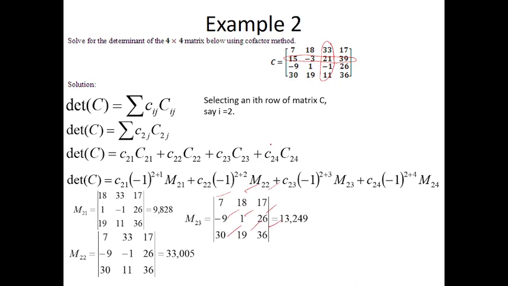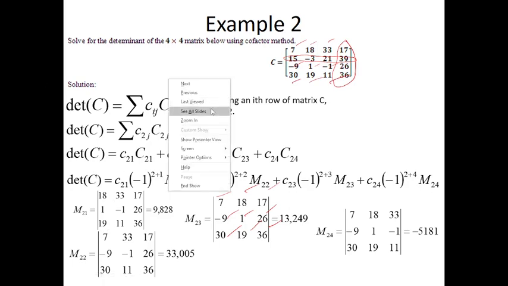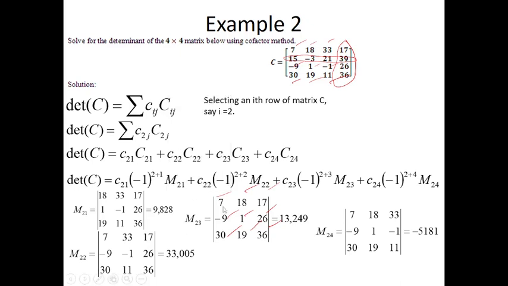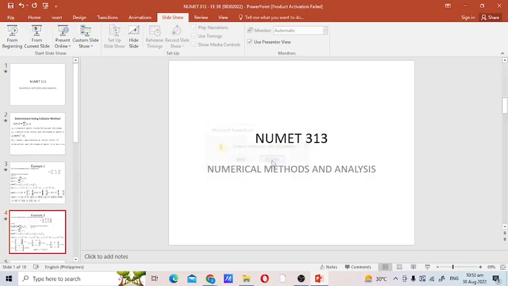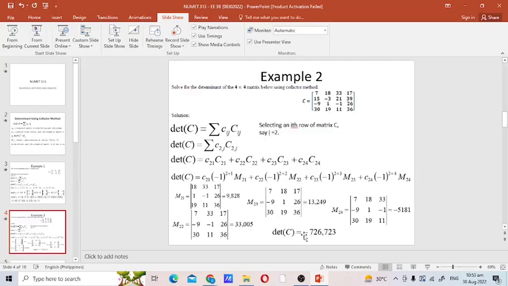And then for the second row, fourth column, we have 7, 18, 33, negative 9, 1, negative 1, and 30, 19, 11. So those are the values, and we will arrive at this answer: negative 726,723.